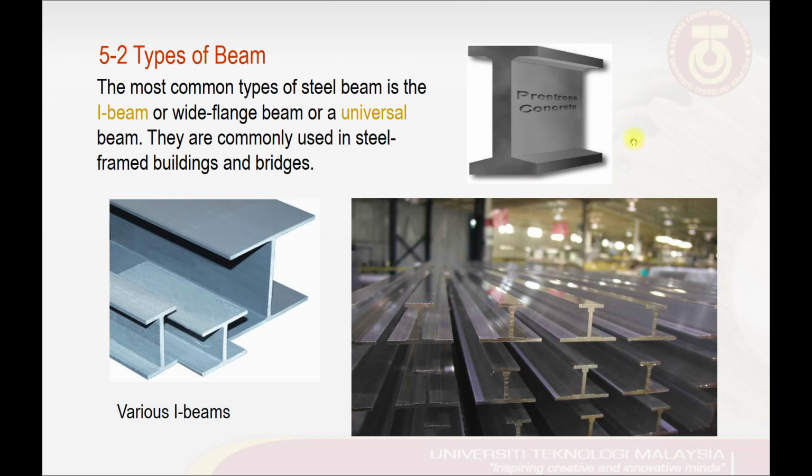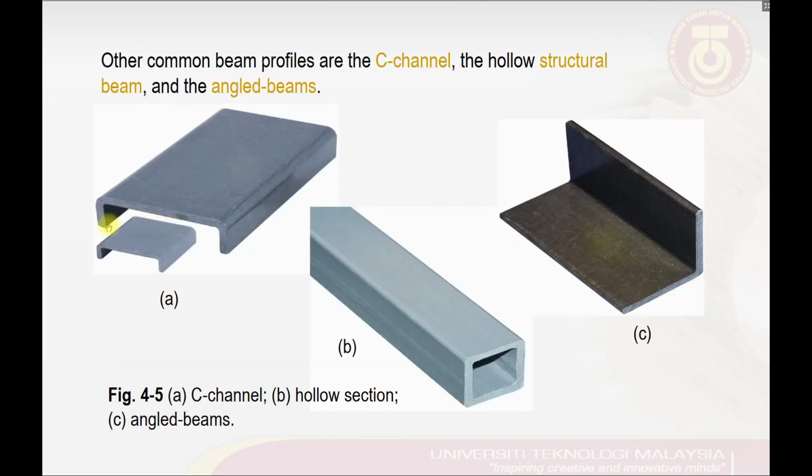On the other hand, beams can also be found in other shapes, in the form of C channels, hollow sections or O shapes, and the last one here is the angle beam. It doesn't necessarily have a 90-degree angle, so you may find beams with different angles as well.